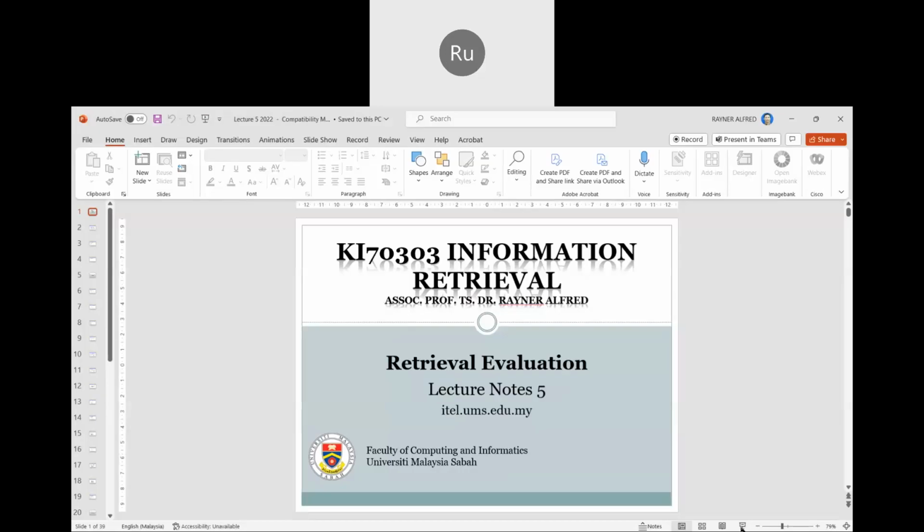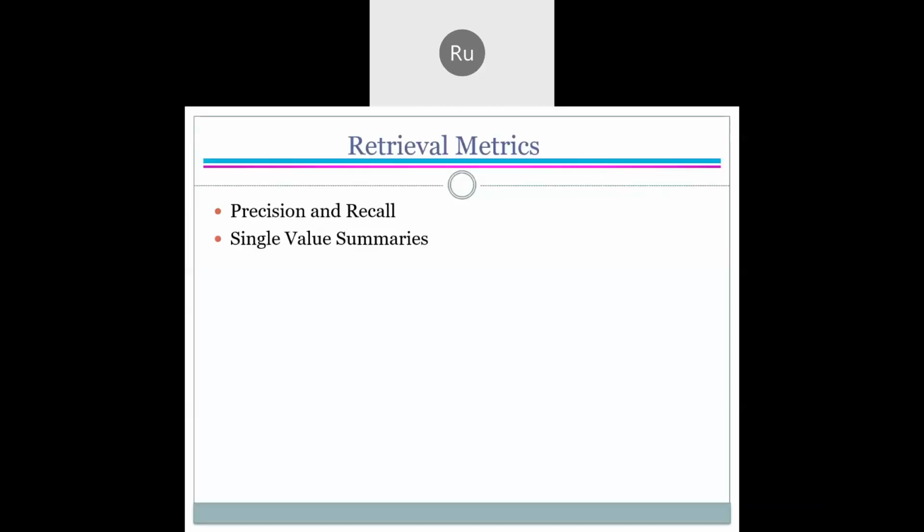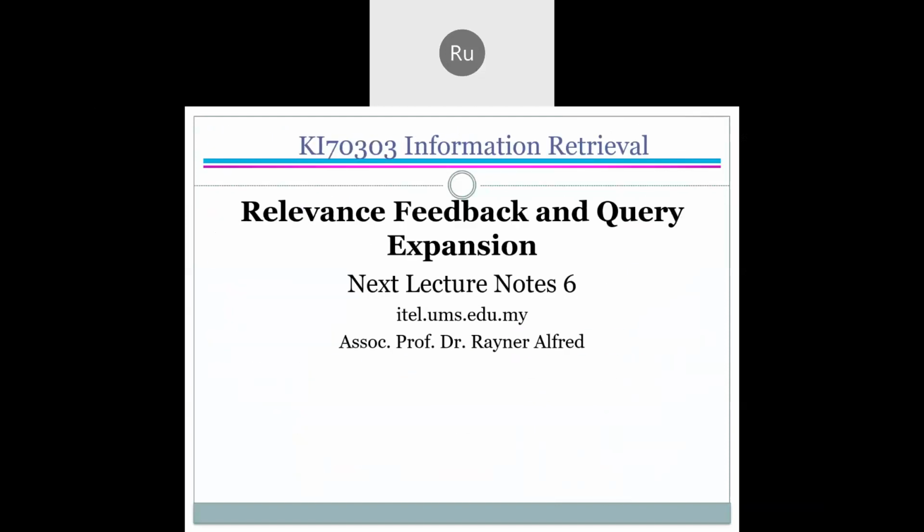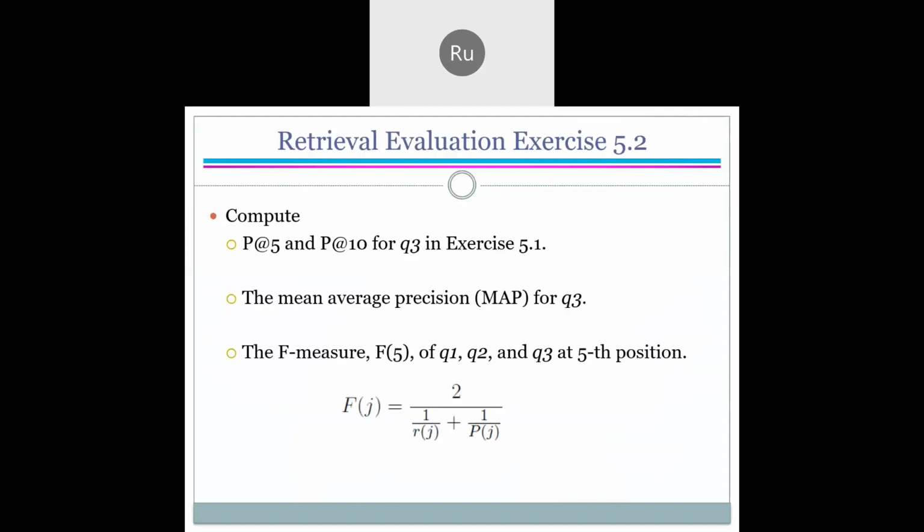So if we go back to here, what is the F measure for all? Now, what is the F measure at position 5 for query number 1, query number 2, query number 3?